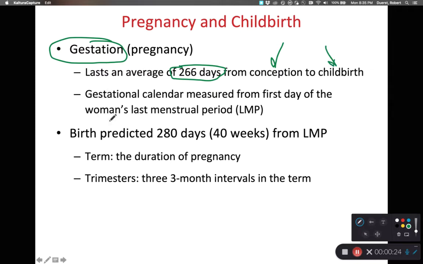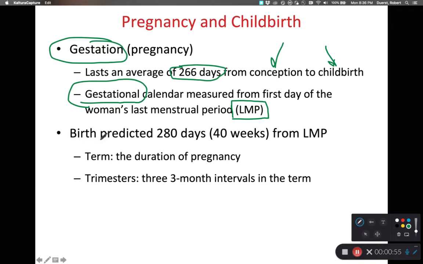Pregnancy or gestation typically is measured from the woman's last menstrual period because it's an easy data point to get at, since it's very objective, as opposed to when did I ovulate. Many women don't know the precise moment they ovulated, and if they do know that, they certainly wouldn't know the precise moment that conception occurred.